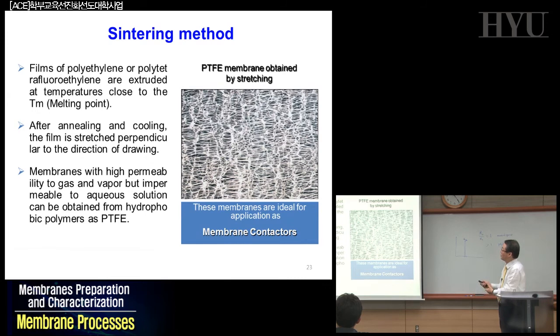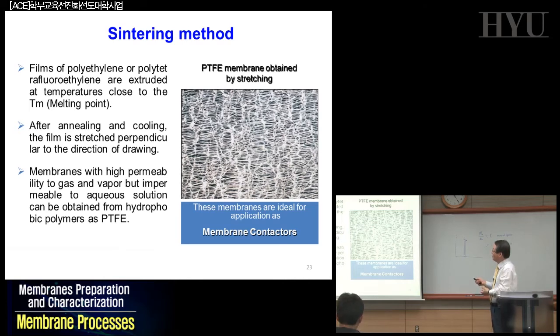Another example is PTFE, polytetrafluoroethylene. PTFE has a melting temperature around 330 degrees C. So when you increase the temperature of this PTFE powder, pressurize it and stretch it, then this fibrillar structure, the fibrils, will be stretched, so you can make a dark region, which is pores or macropores, in between the stretched lines.